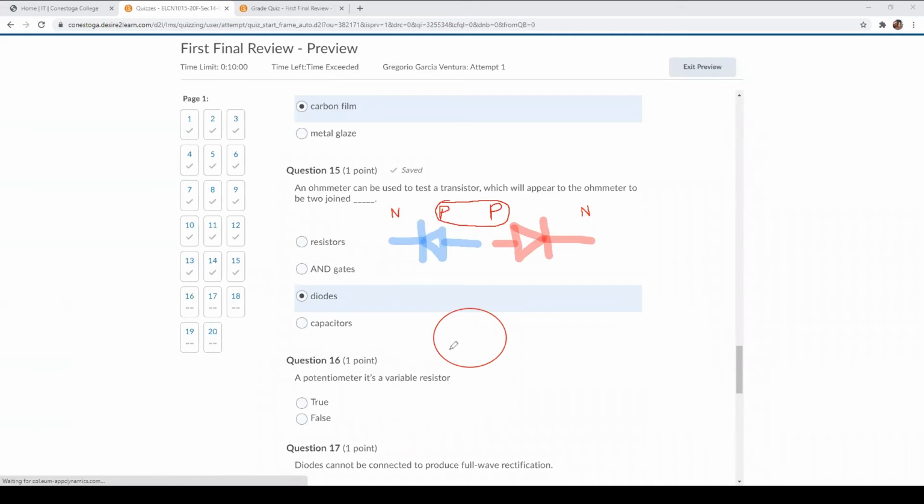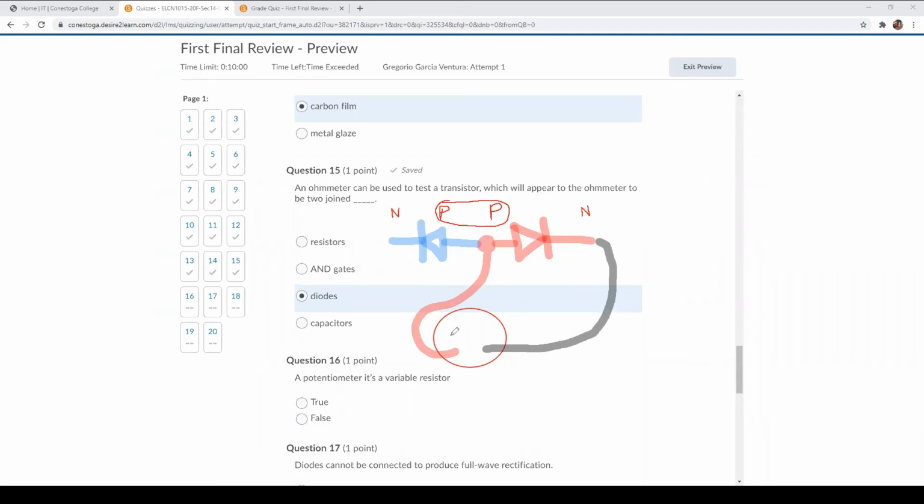If I connect my red, which symbolizes the positive, right here on this joint, and I connect the black right here into the N, because that portion of the semiconductor material in the transistor is going to be forward biased, the meter is going to indicate continuity.